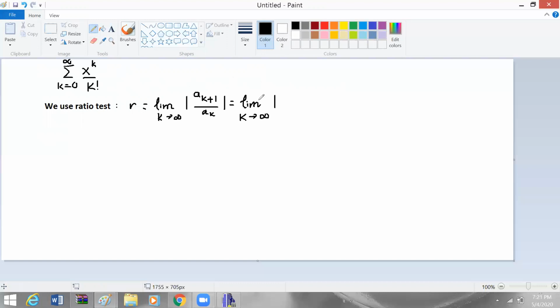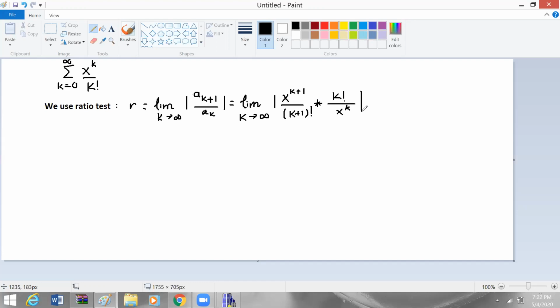So we're going to get x to the k plus 1 over k plus 1 factorial, right? And we need to divide by a to the k, but since we are dividing by the term, we just multiply by the reciprocal. So that would be k factorial over x to the k.